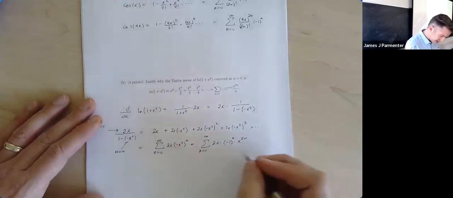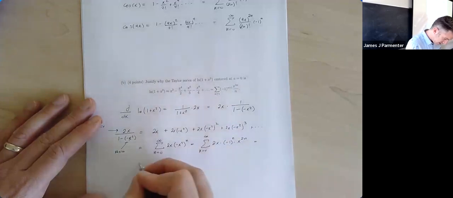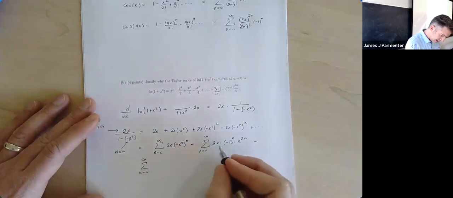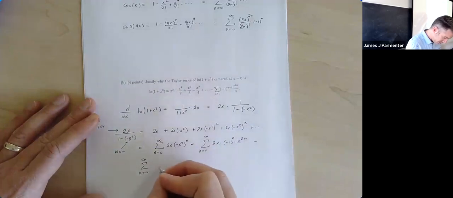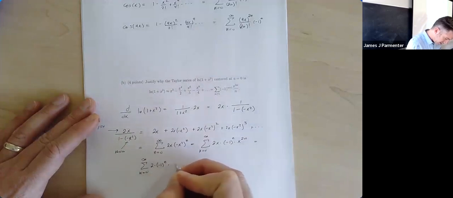And then combining the x's, I can write this as the sum from n equals 0 to infinity of x to the 2n plus 1 times 2 times negative 1 to the n. So 2 times negative 1 to the n times x to the 2n plus 1.